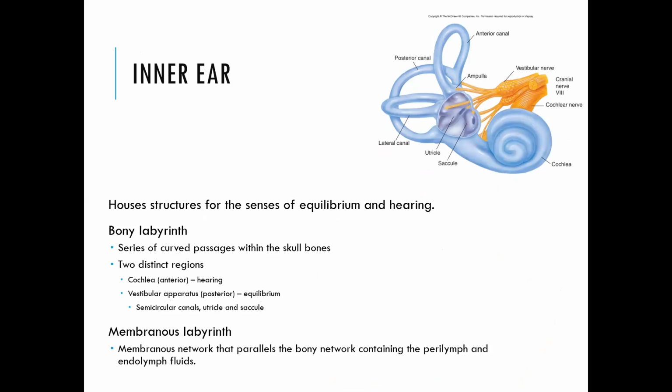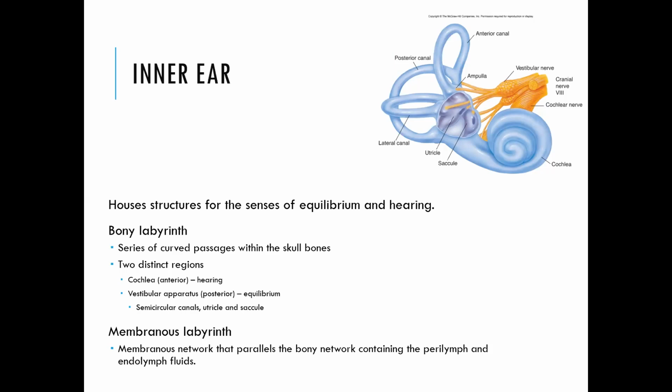Your inner ear houses the structures for senses of equilibrium as well as hearing. So it consists of a bony labyrinth and a membranous labyrinth. In the bony labyrinth region, you have a series of curved passages within your skull bones. There are two distinct regions: your cochlea, which is responsible for hearing. So you're seeing that little shape there that looks kind of like a snail shell. That's your cochlea, which is responsible for hearing. And then you have your vestibular apparatus, which in your diagram is labeled as a yellow structure, right?